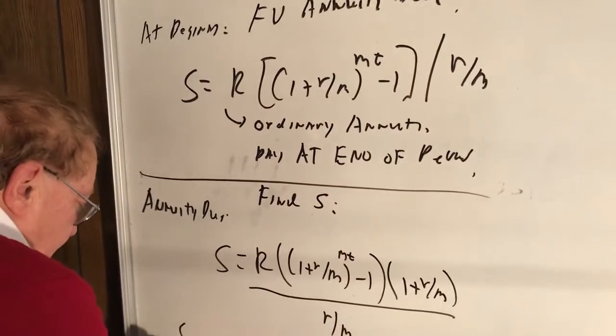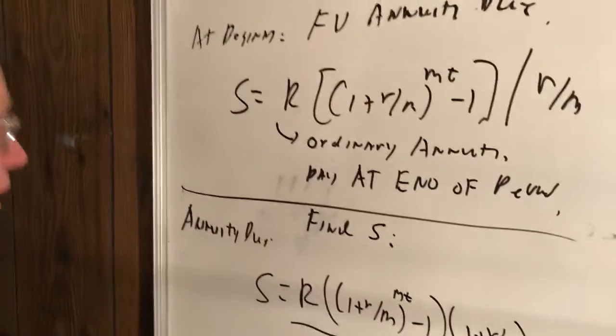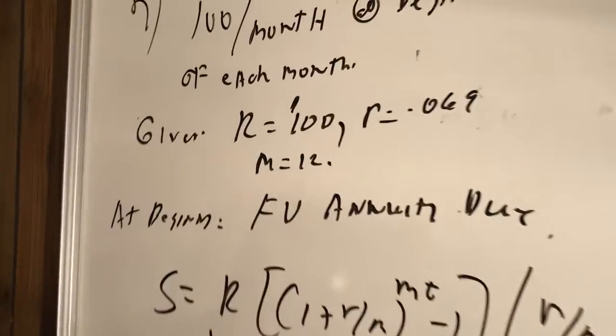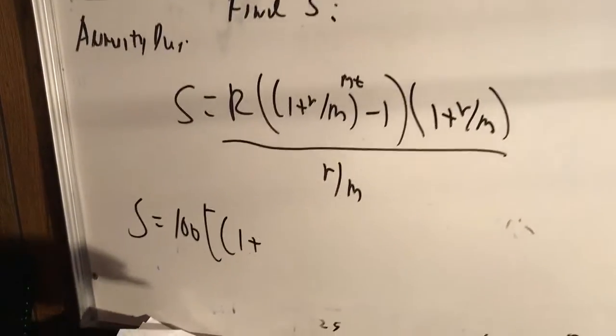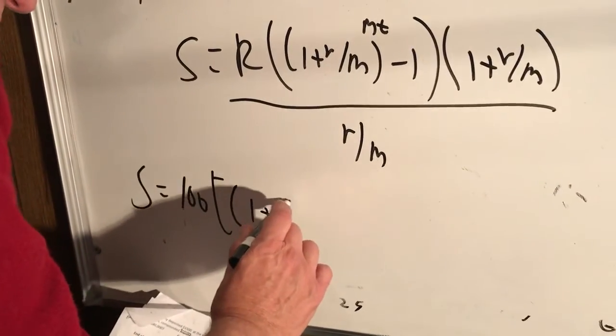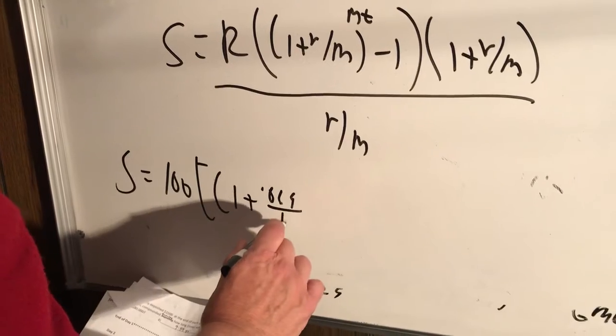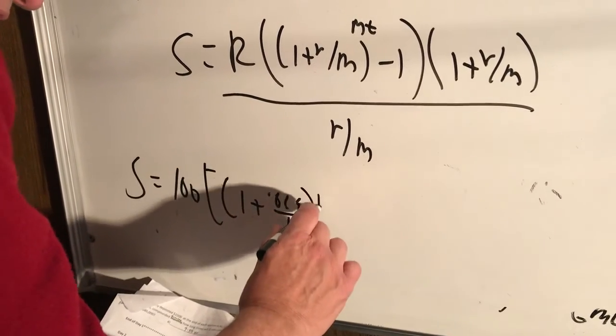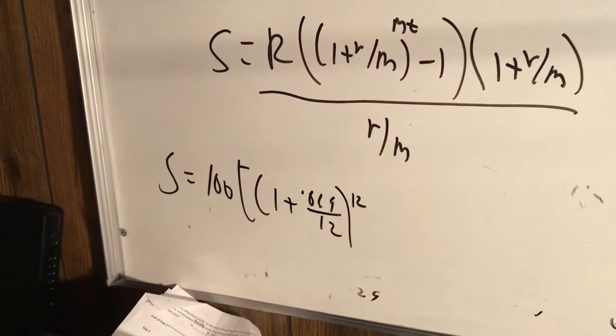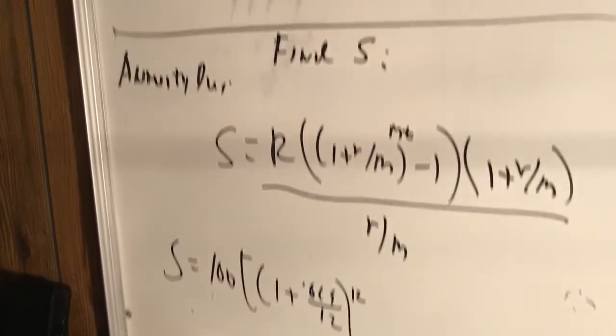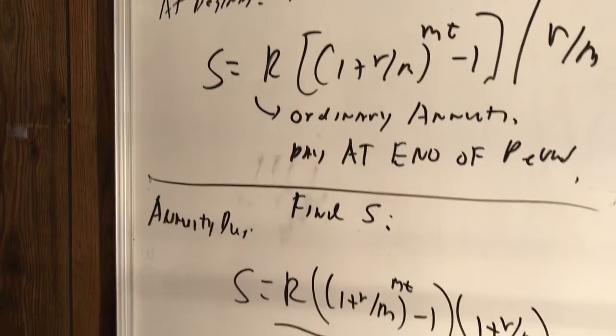So S equals, R is 100, times 1 plus 0.069 over 12, to the power 12 times T. And what's the time period here? M equals 12, it says. Oh, but you know T. Okay, what is T?